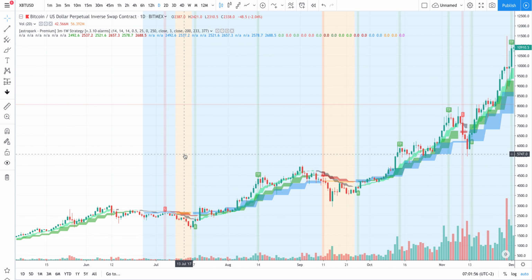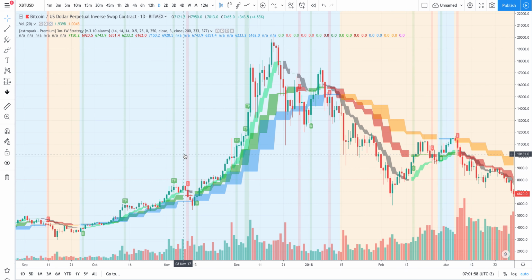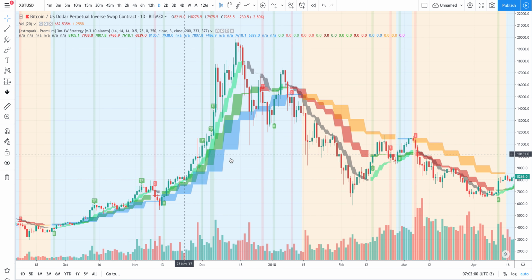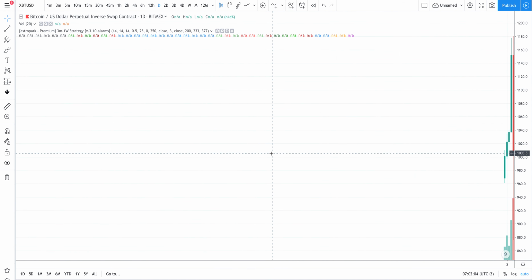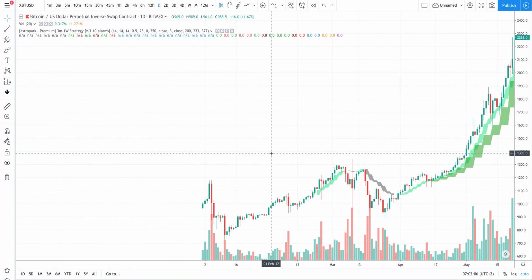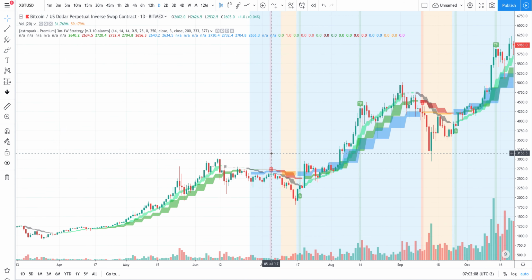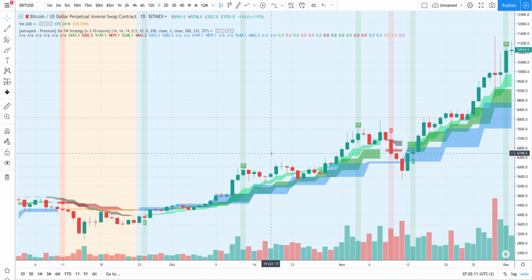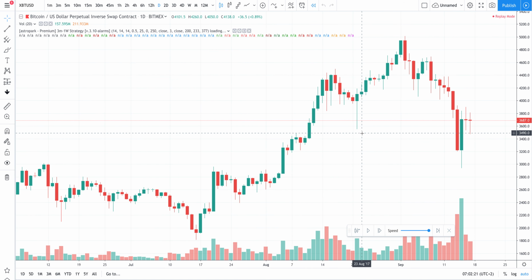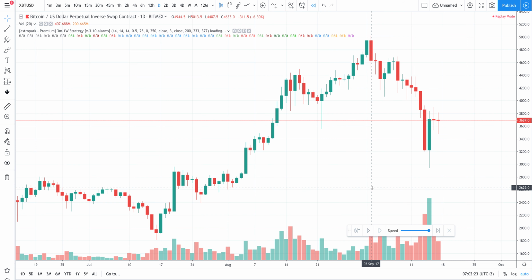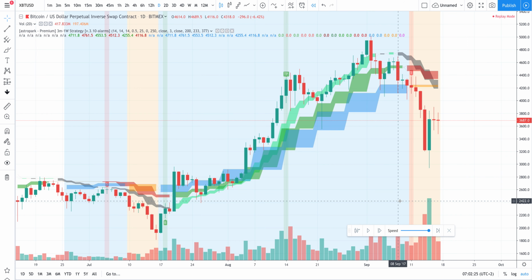Okay, let's analyze also something different in order to make you understand. This is a BitMEX chart, so we don't have a lot of chart, but we can start here. For example, I want to show you in real time how to use this, so I will use a replay tool.